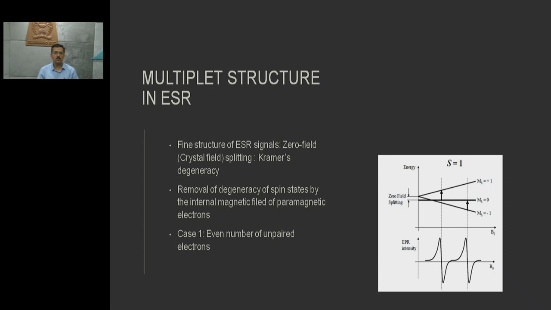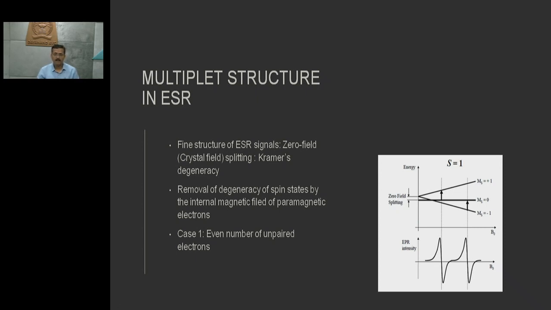When this dipole moment interacts, even in the absence of a magnetic field, with the surrounding media or nucleus, it splits into different levels, which leads to zero field splitting. But this degeneracy is split when we again apply a magnetic field.